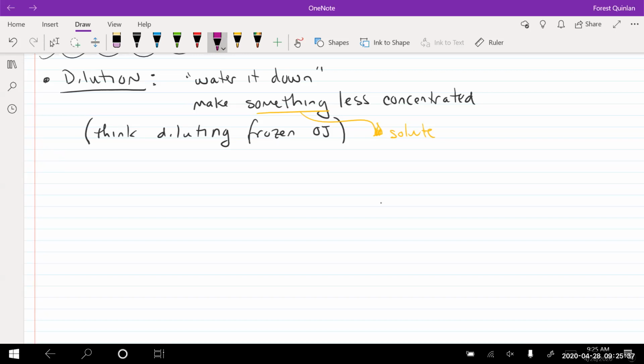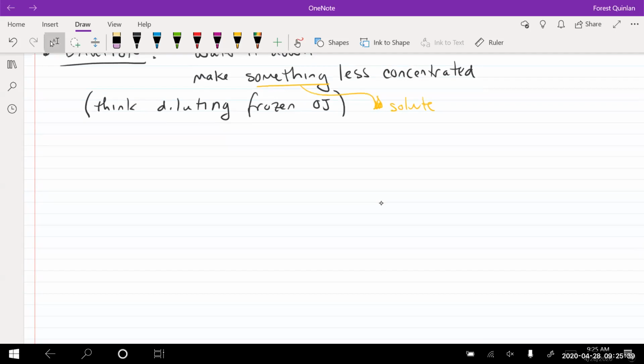Now, since it is about the solute and a concentration, we're going to be talking about molarity. And there's one very easy thing to do here, and that's M1V1 equals M2V2. And hopefully you guys have already made the intuition that the M is molarity.